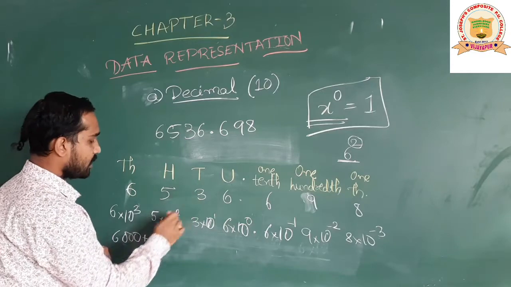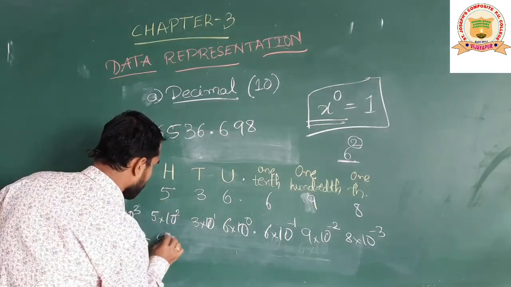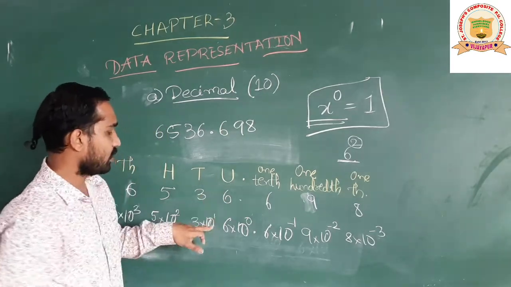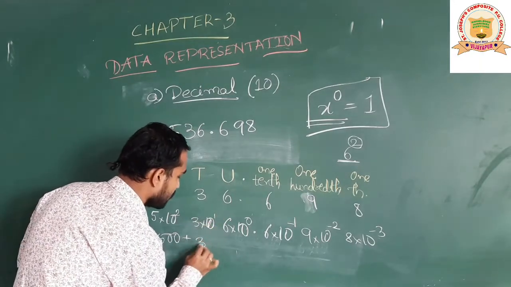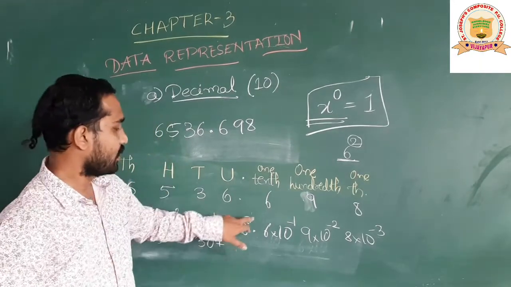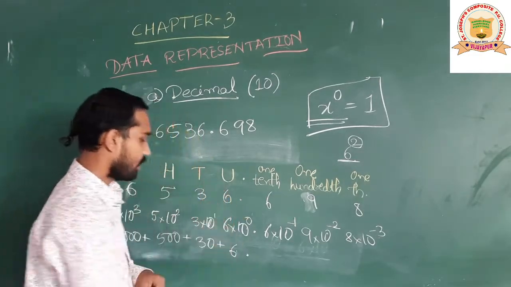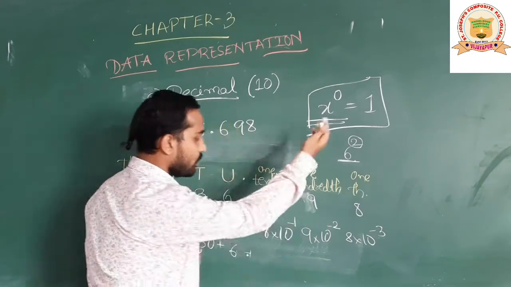Then 5 into 10 raised to 2: 10 raised to 2 is 100, so 500. Then 3 into 10 raised to 1: 3 into 10 is 30. Plus 10 raised to 0 is 1, so 6 into 1 is 6.